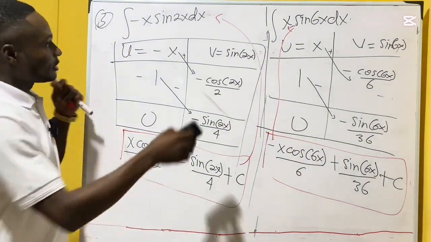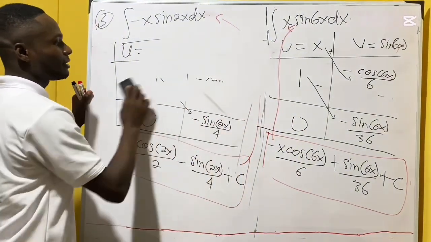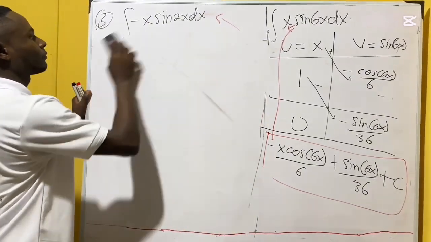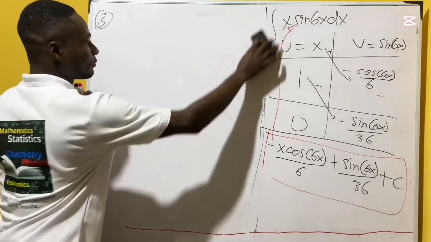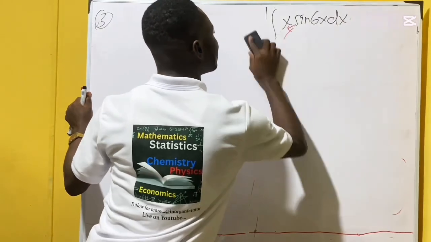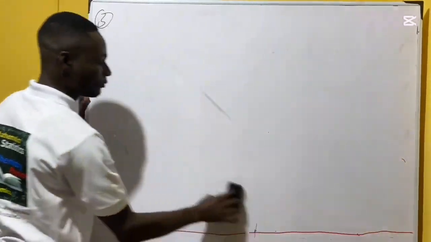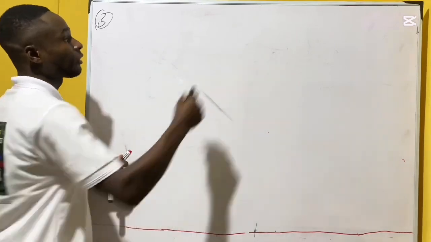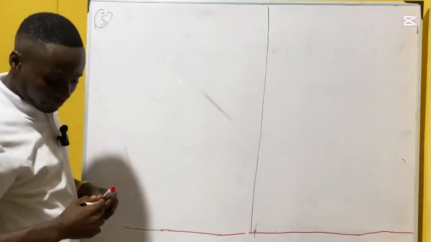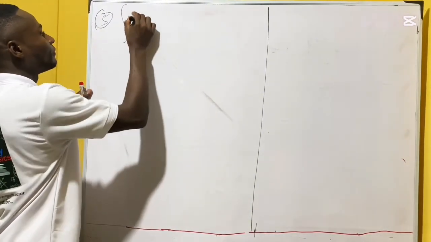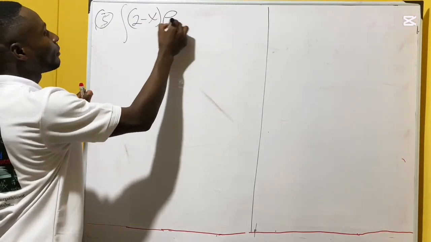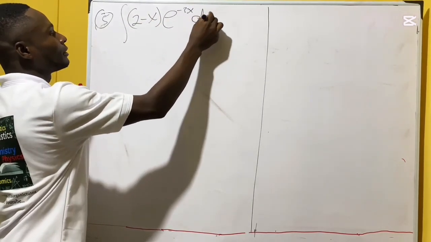So see how fast you're going to end this tabular approach, right? Right, so our fifth problem is going to be the integral of 2 minus x e power negative 3x dx.